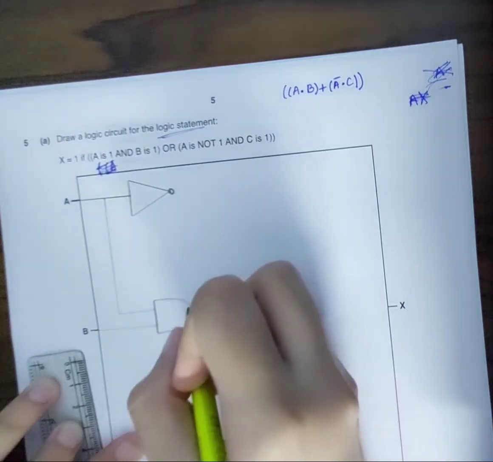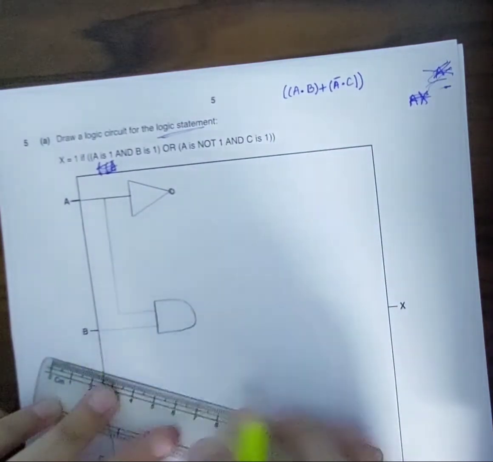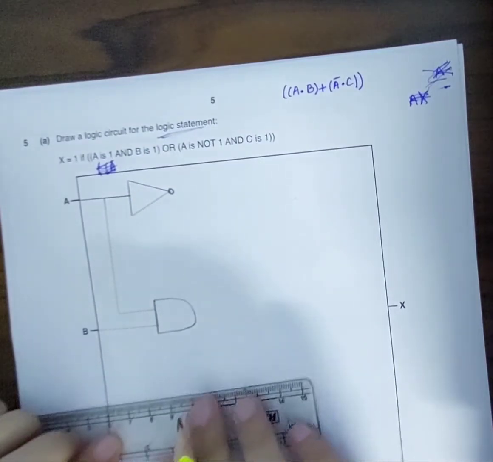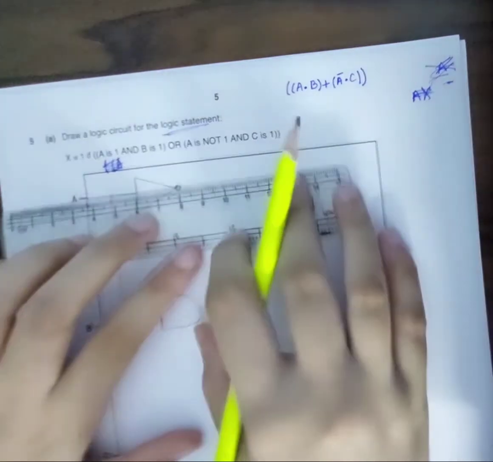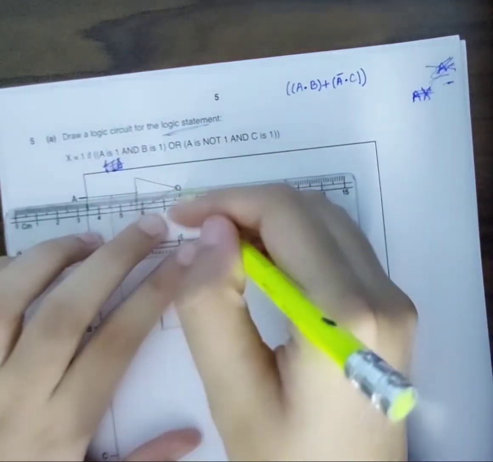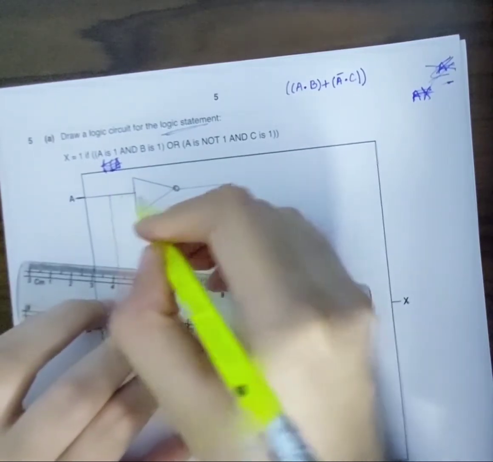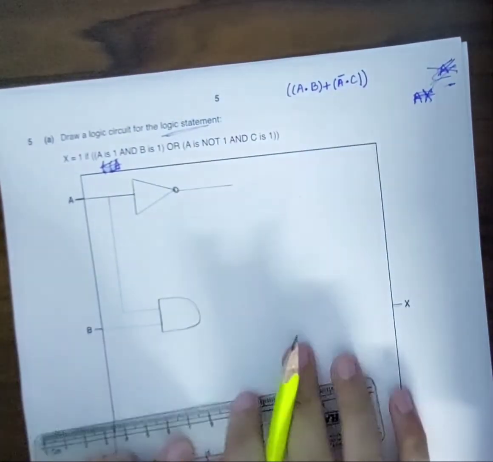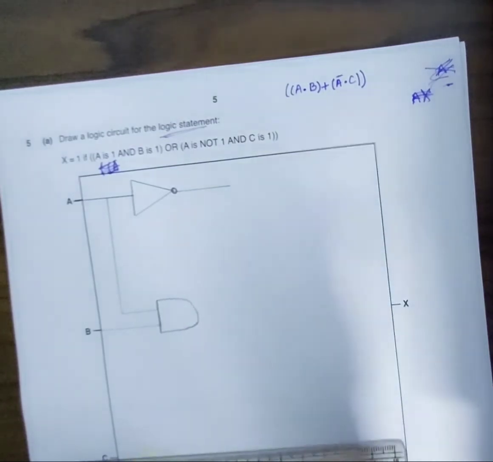Make sure you memorize what the gates are clearly. A dot B, and then plus A bar dot C. So A bar is now from here. Up till here it's A, and from here it's A bar. They've given us quite sufficient space for this.